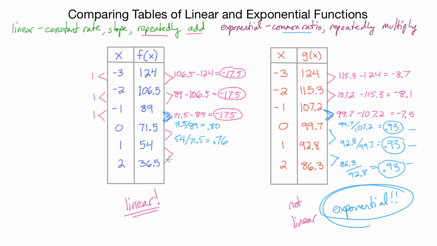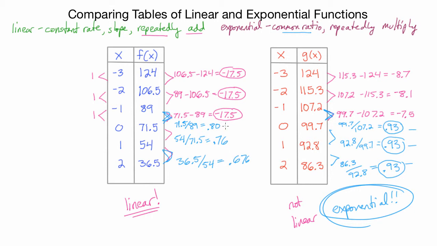Let's divide these two. 36.5 divided by 54, and I get 0.676. Sorry, can't even read my own calculator.